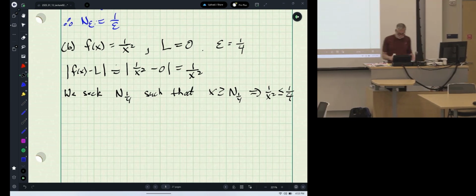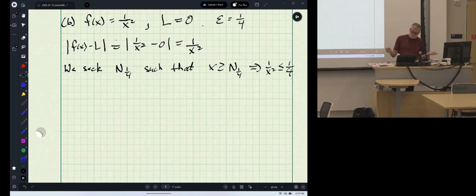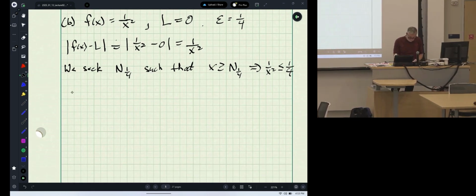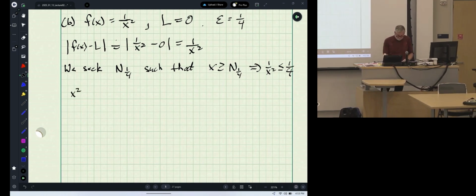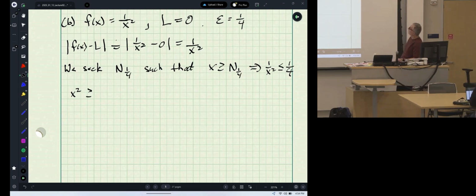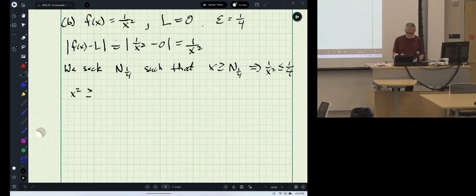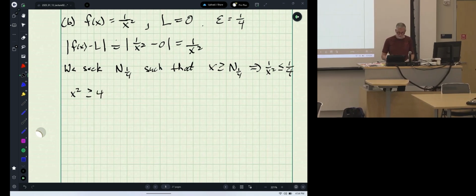And so again, this one is pretty straightforward because we know that if we invert positive quantities, it flips the inequality to greater than or equal to from less than or equal to, so x squared greater than or equal to 4. And since we're going x to infinity, there's no sense looking at negative x's, so we'll take x greater than or equal to 2.